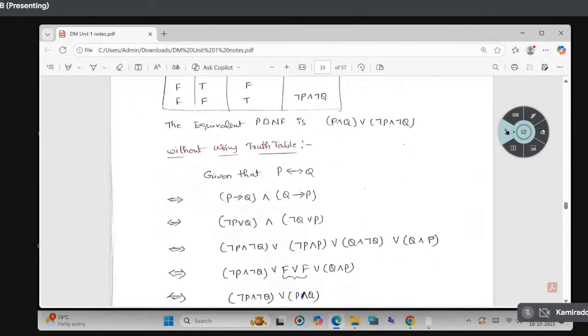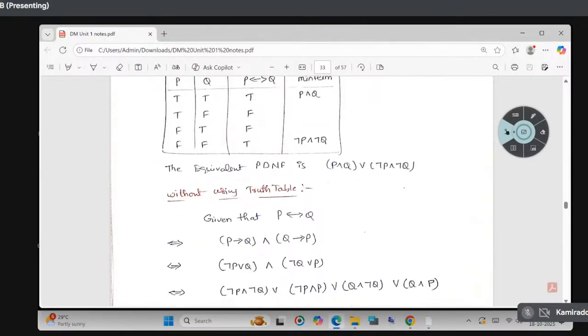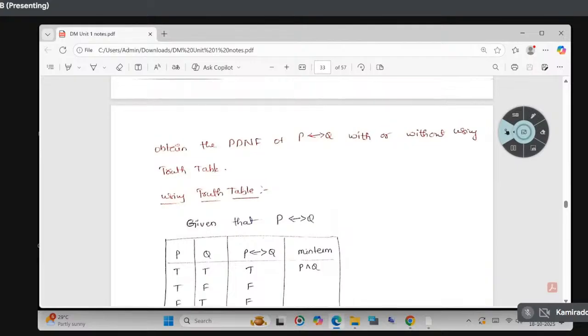For this question, try without the truth table.